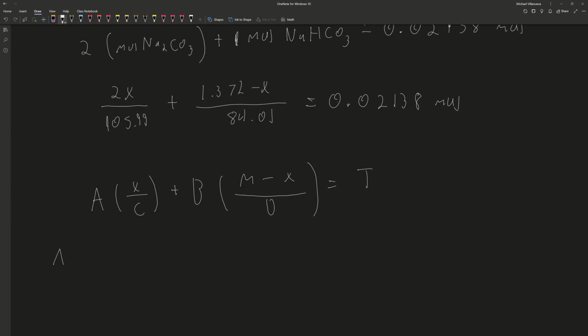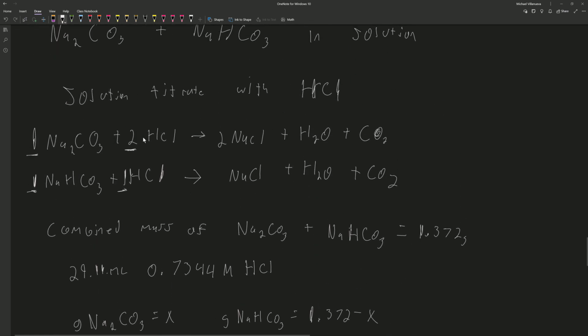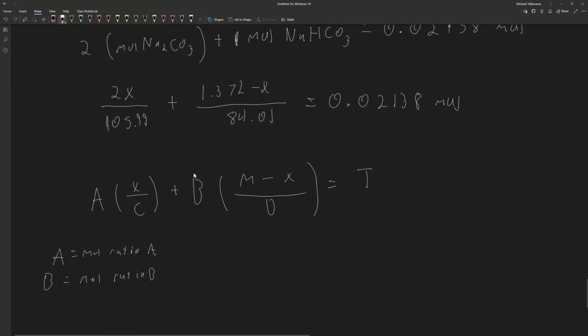A is the mole ratio A, and B is the mole ratio B. What I mean by that is in these reactions, we have the 1 to 2 here and a 1 to 1 here. So in the case of our equation, our A is equal to 2 and our B is equal to 1. Our X is essentially what we want to find out.